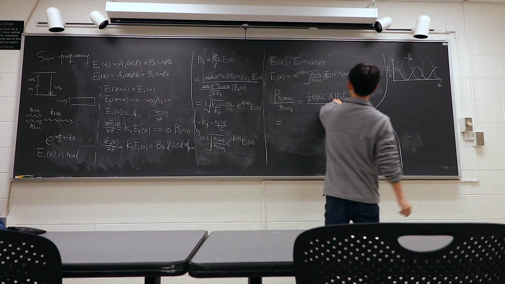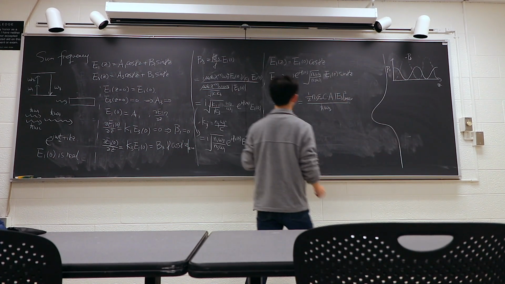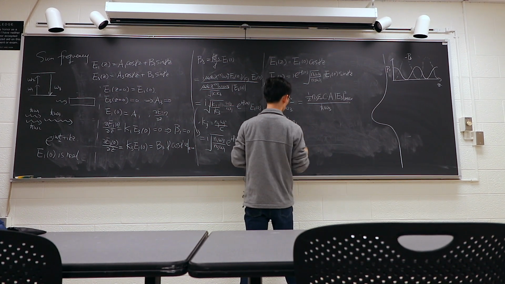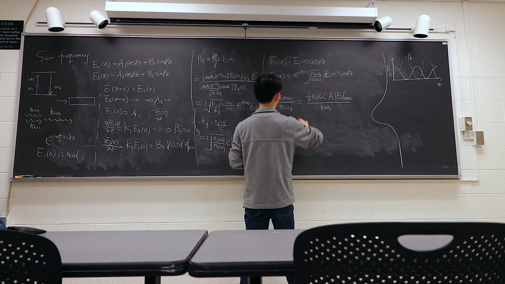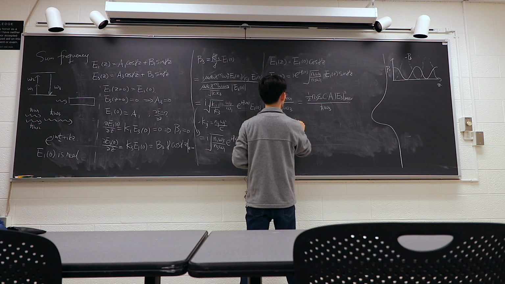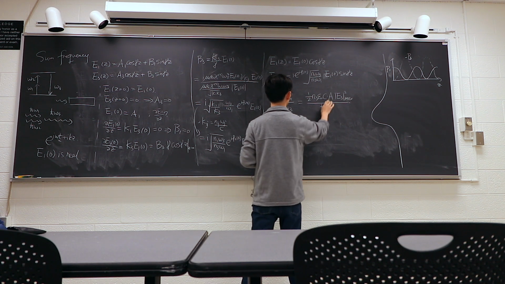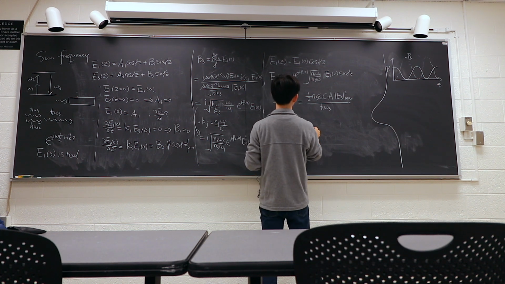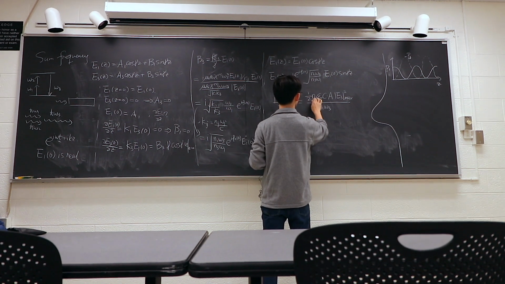And you plug in this E3 maximum here. A is the cross area of your waveguide. And then you have n3 here.